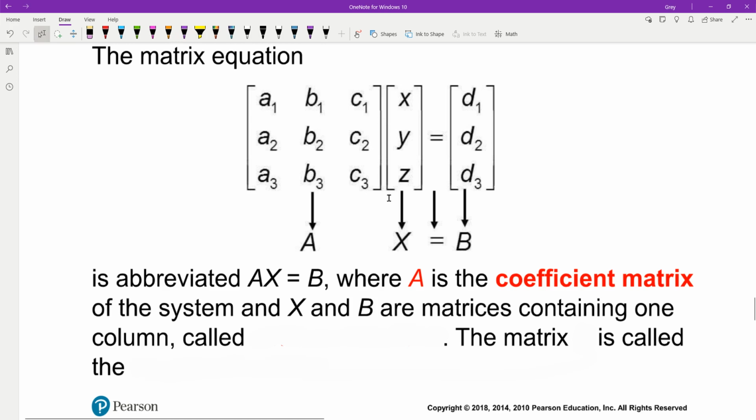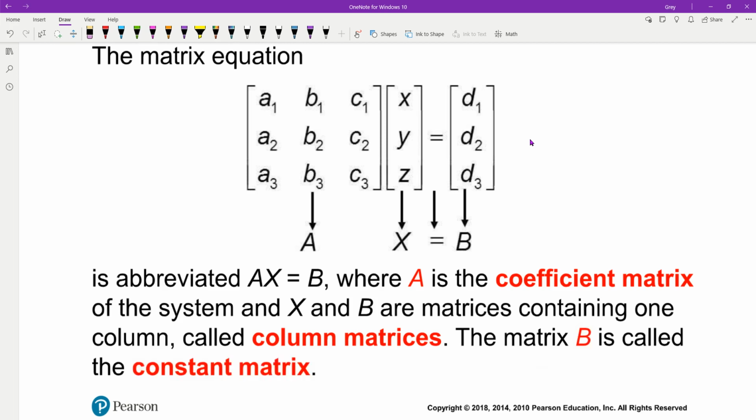Those are the variables you have. And these two that are just 3x1s, they call them column matrices. And matrix B is called the constant matrix. So we have the coefficients times the variable equal the constants.